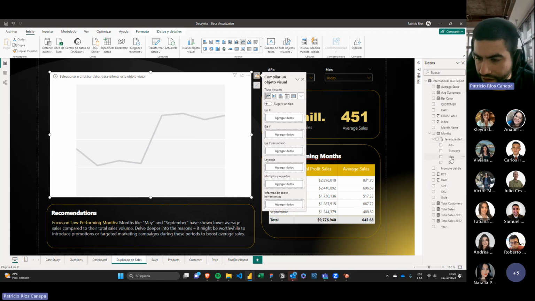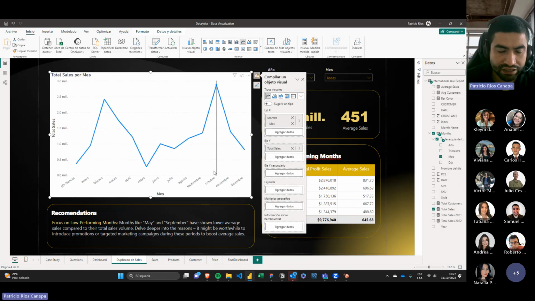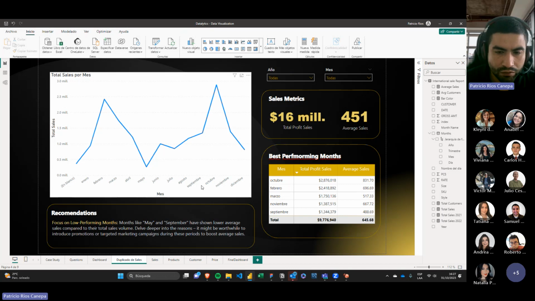So we have here month that we are going to track, and then for axis y, we would like to see our total sales. But as you can see, it doesn't align, it's not consistent with our whole set of the dashboard. So I would like to do some transformation with you guys live here so we can try to understand how we could do this.